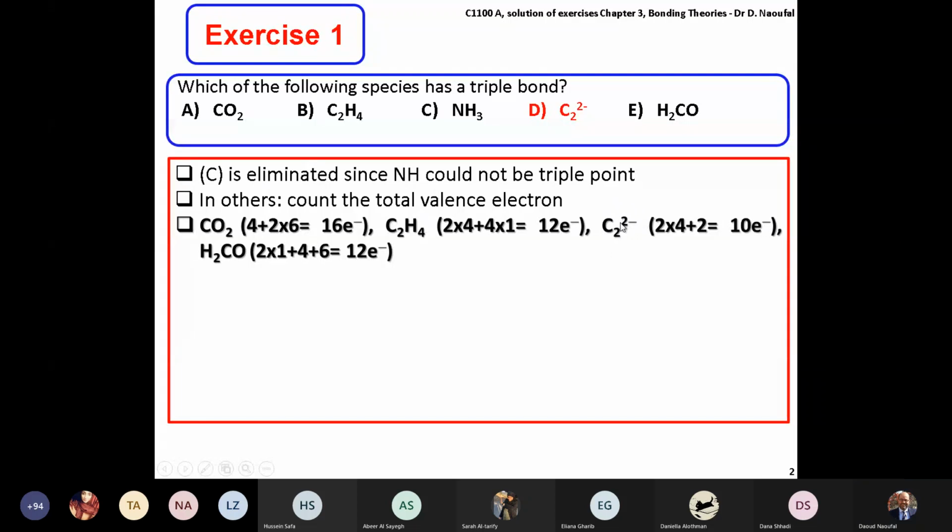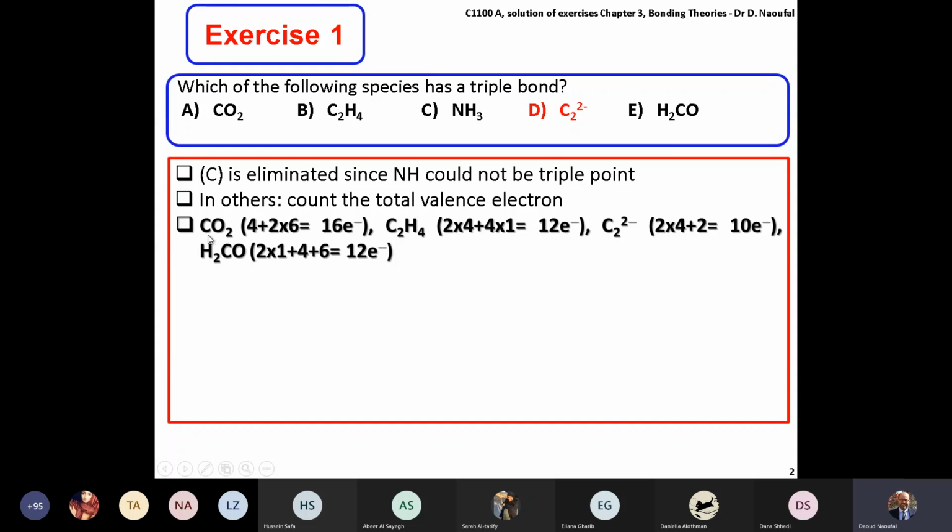Pay attention, when you have an anion, you add the electrons, and when you have a cation, you remove electrons. So this is an anion, we have to add 2 electrons, so 10 electrons. H2CO, 2 times 1 plus 4 valence for carbon plus 6 for oxygen, we have 12.